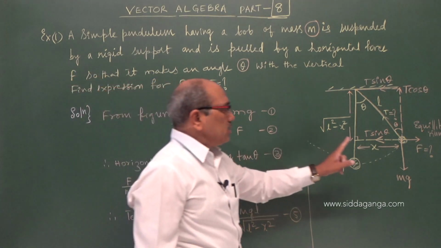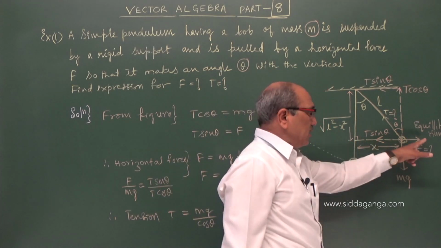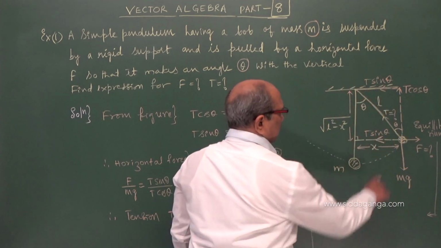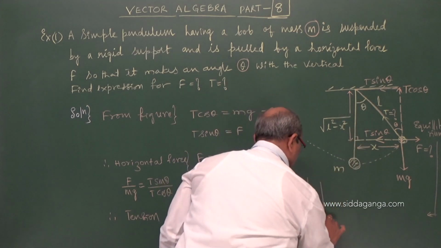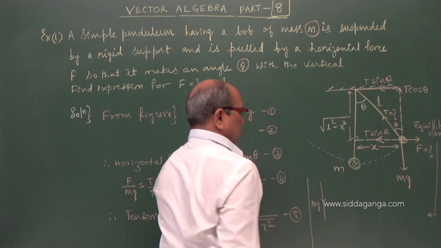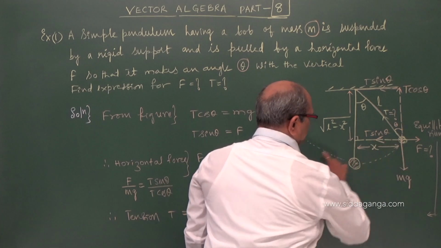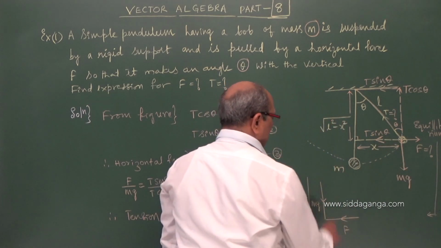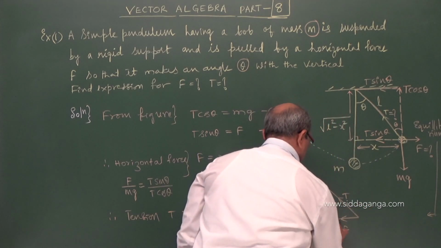So see here, this is the force triangle law, the equilibrium condition. Under equilibrium condition, this represents the downward force mg, and this represents the force F, and this represents the tension. This is 90 degree.